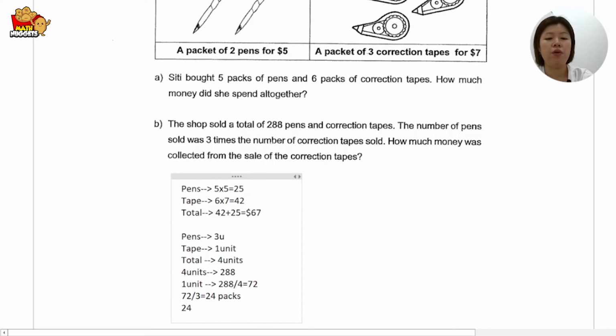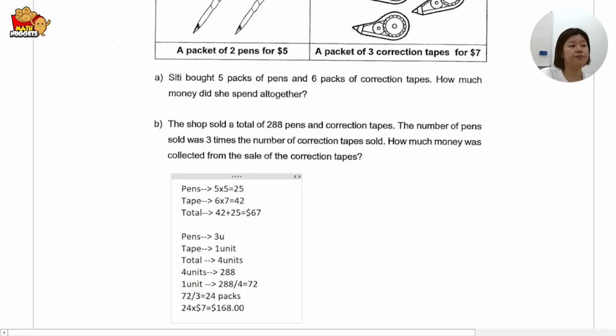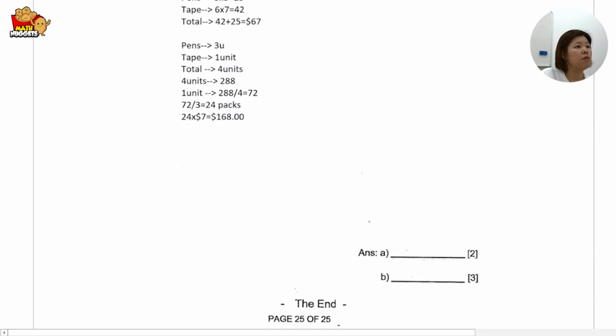So 24 times $7 is equals to 168. Okay, so let me put down the answer. 67 and 168.